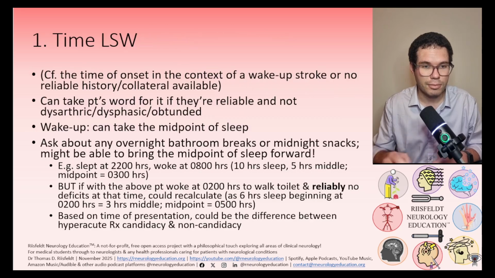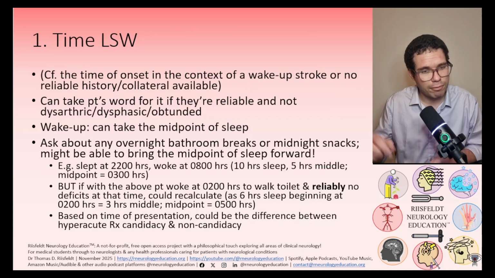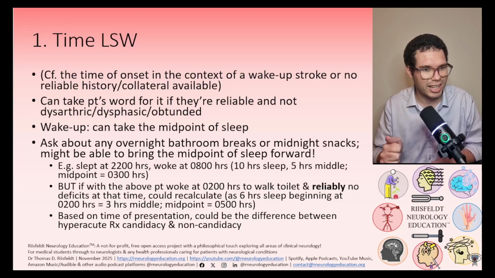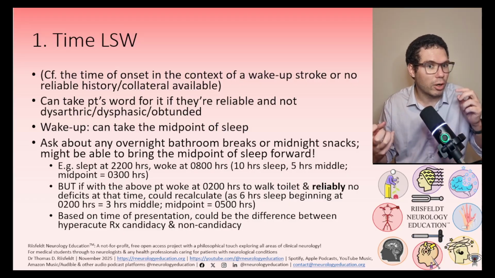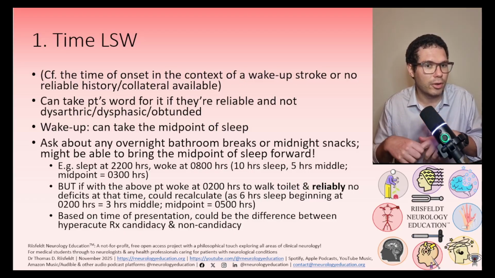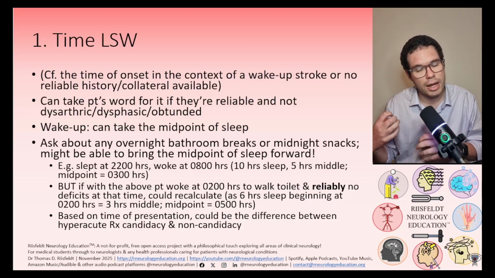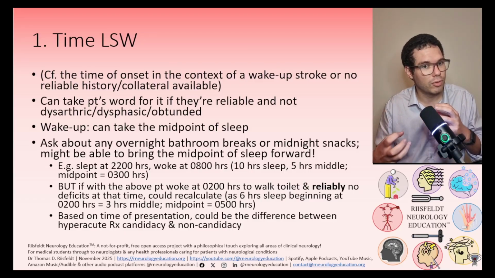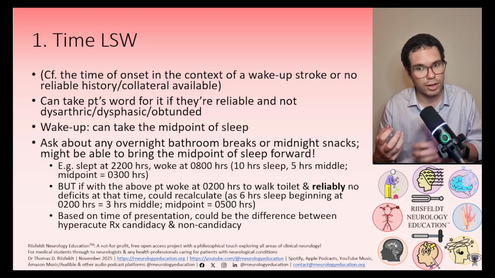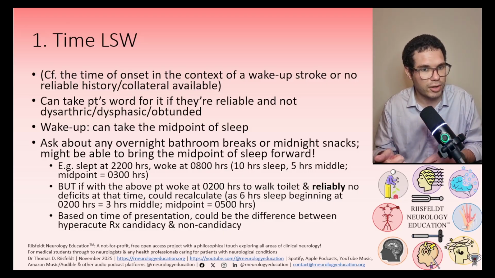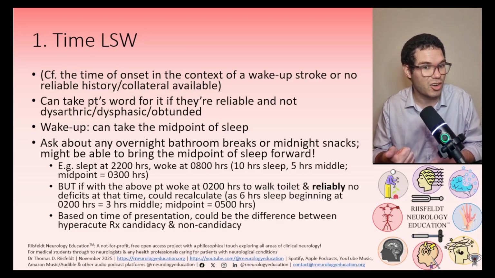So in terms of the meat of it, firstly, we want to establish the time that the patient was last seen well. And it's important that we use this framework because this is a little bit different to the time that the onset of the symptoms was first noticed in the context of when the time of onset is completely unknown.